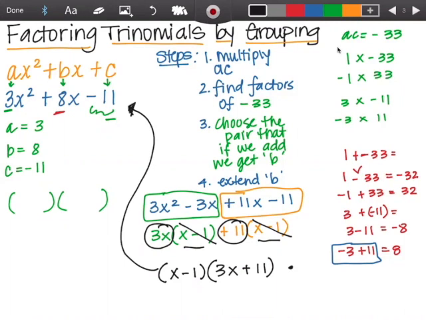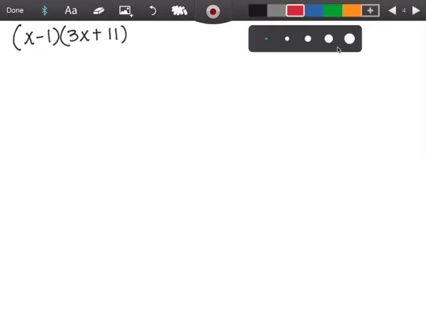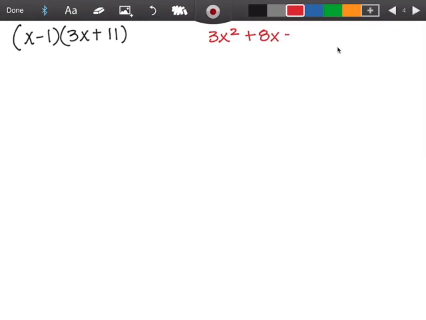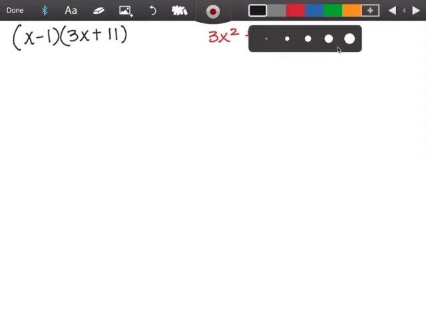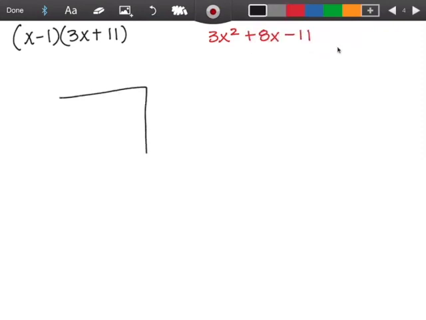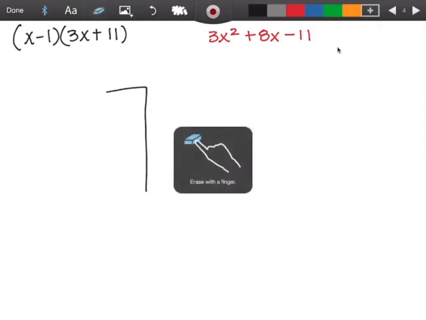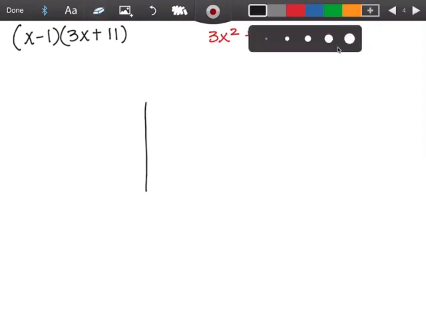All right, so we have x minus 1 times 3x plus 11. And we are trying to see if it will indeed work out to be 3x squared plus 8x minus 11. So let's go ahead and do our box method. Again, if the FOIL method is better for you, that's perfect.